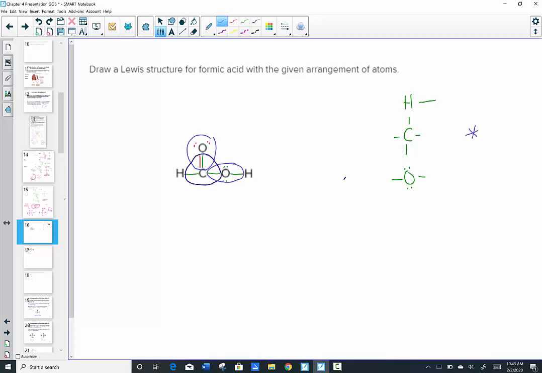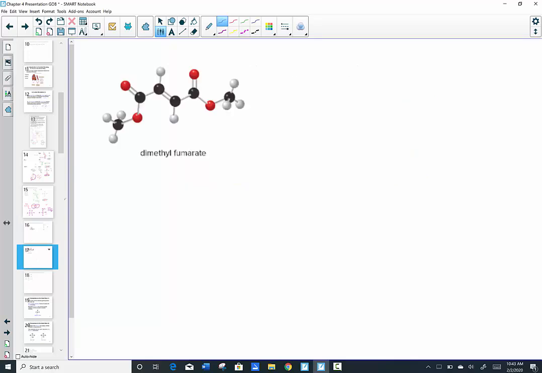I think you have some opportunities to do that in your homework assignment as well. And this is interesting. Here's an example from your homework where you're actually given a ball and stick model, and you're asked to convert that to a Lewis dot structure.